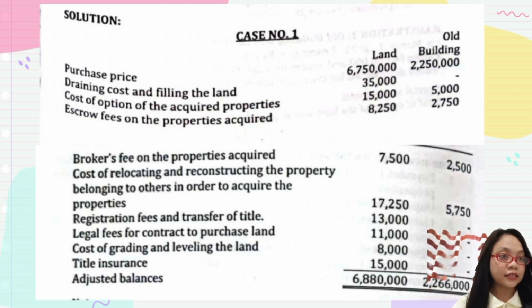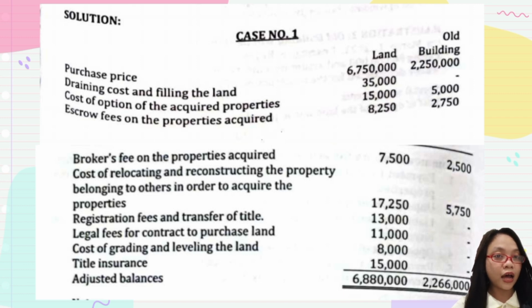The next cost is the cost of option of the acquired properties. Kaning cost of option of the acquired properties is incurred to secure the option to purchase the properties. And ang pag-allocate nato ani is based pod sa fair value sa atong properties na na-acquired. For the land, naa tay 75% and then for the old building naa tay 25%.